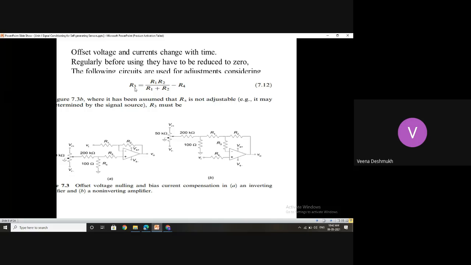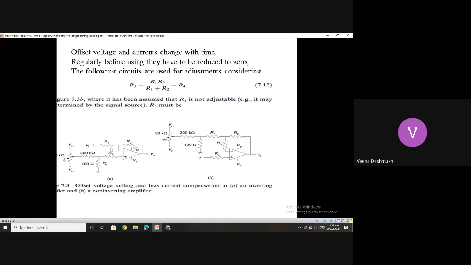So for this, what we need is a proper resistive network. Now, how exactly is this designed? Here the basic idea is that the currents which are coming here are to be made equal. If the current coming in here is dependent on this value of resistor, then the potential which is getting dropped at these two points can be made equal. So for this, R3 is made equal to R1 parallel R2 minus this value of R4.